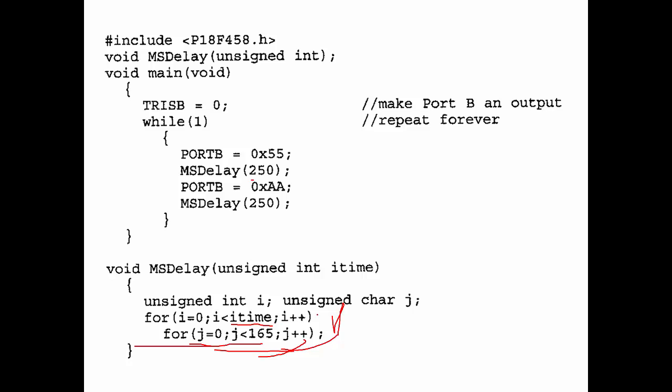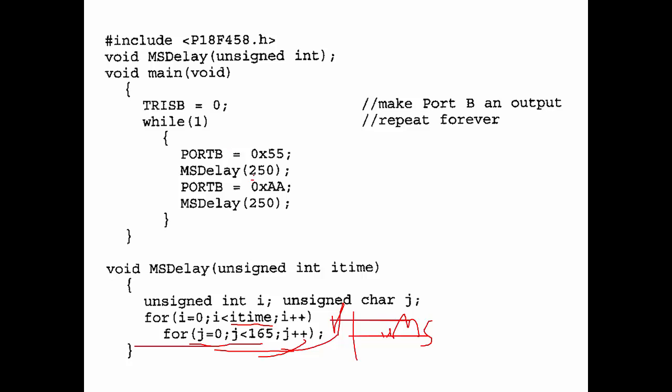Similarly, for my first value of i, the j loop will run up to 165 times, and this particular loop will produce a delay of 1 millisecond. So this for loop will produce a 1 millisecond delay if it runs once.